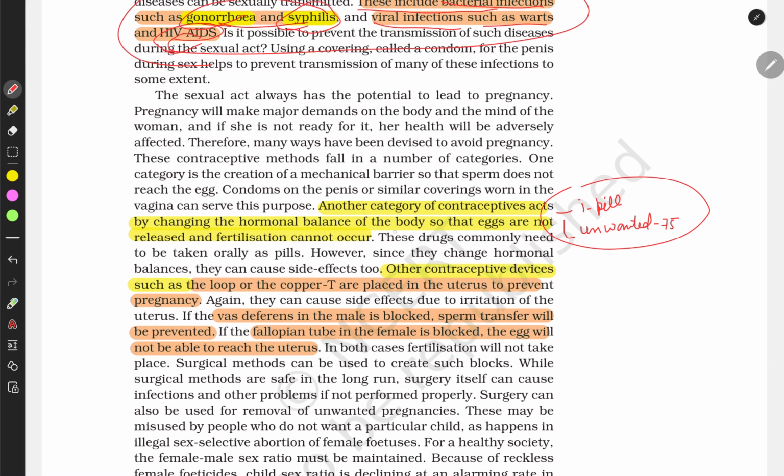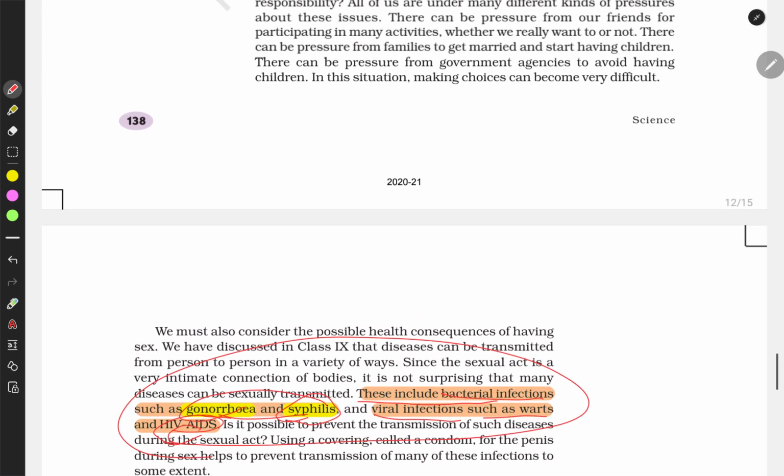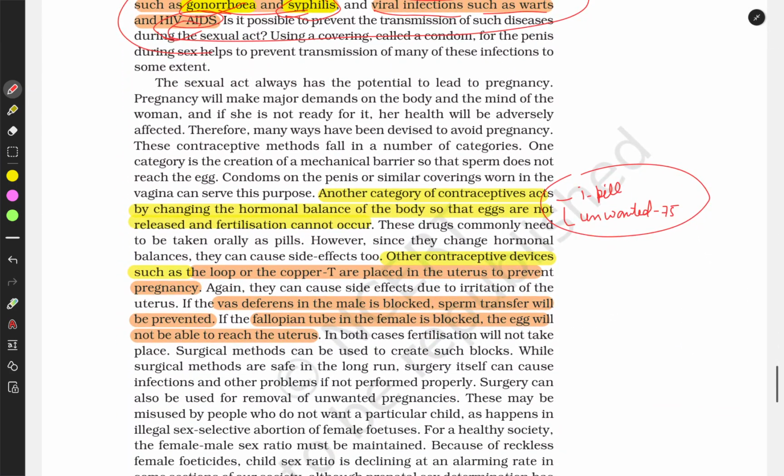Another thing in reproductive health is avoiding unwanted pregnancy. Another category of contraceptive pills acts by changing the hormonal balance. How do contraceptive pills avoid pregnancy?